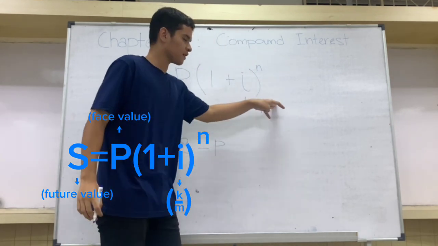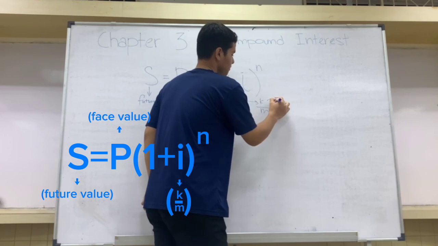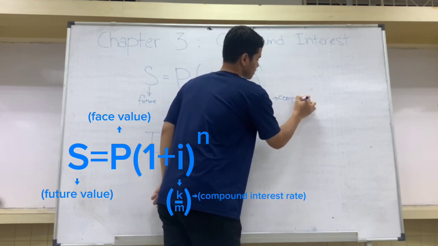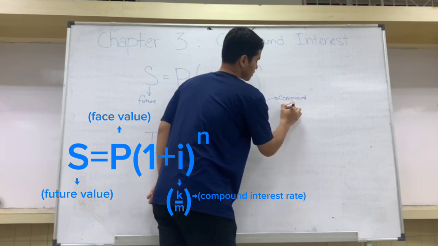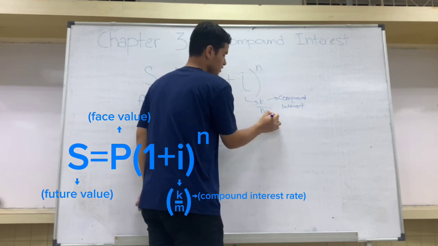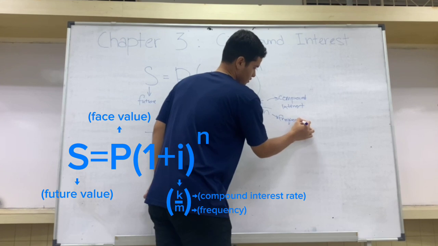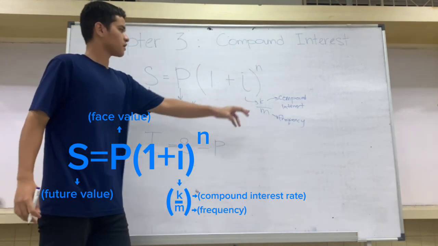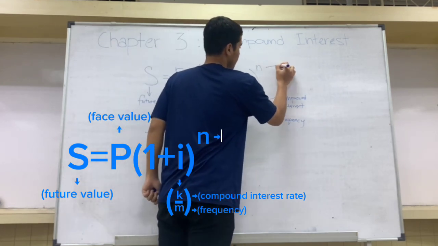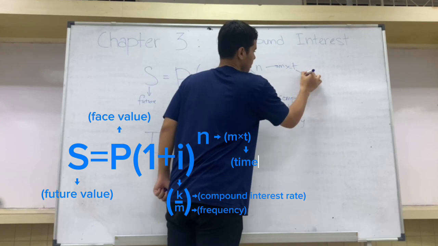The k here is compound interest, and m here will be frequency. The n here is referred to m times t, and the t is time.